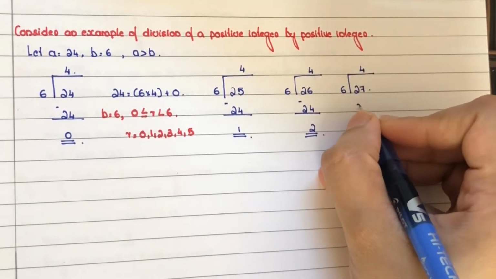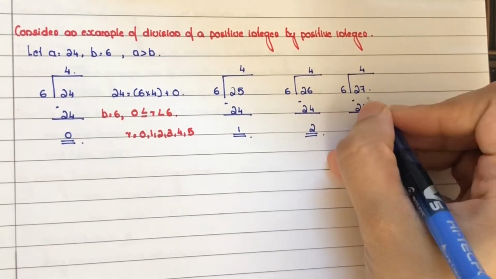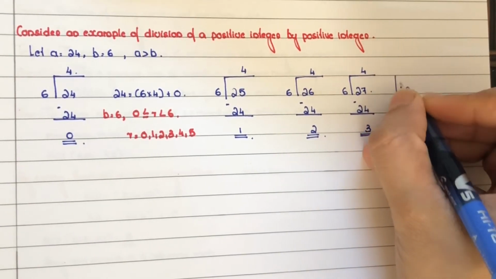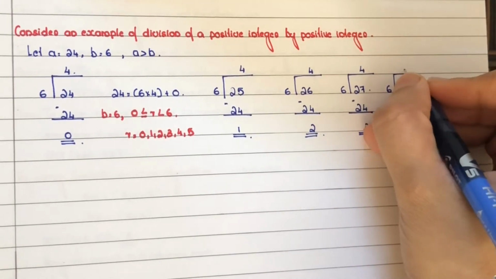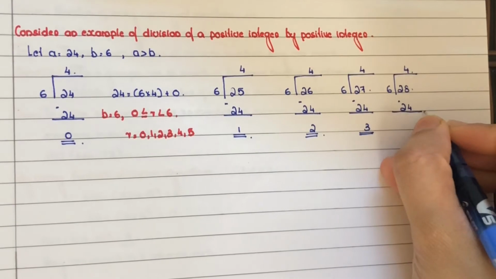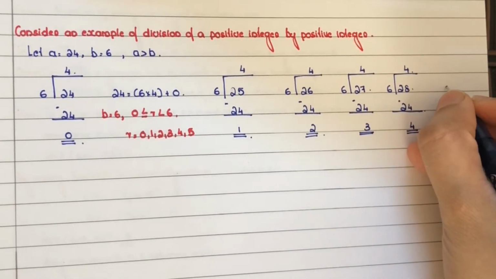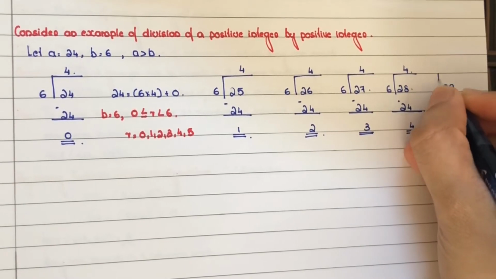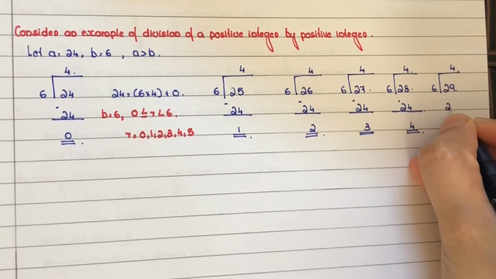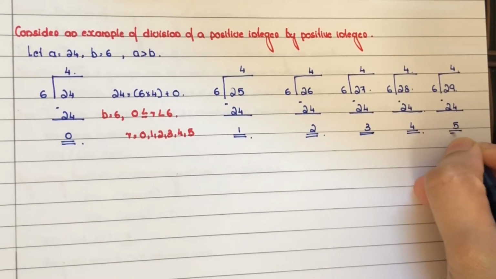Again 4, 24, 7 minus 4, 3. Next, 28 divided by 6. 4, 24, 8 minus 4, 4. Next, 29 divided by 6, 4, 24, 9 minus 4, 5.